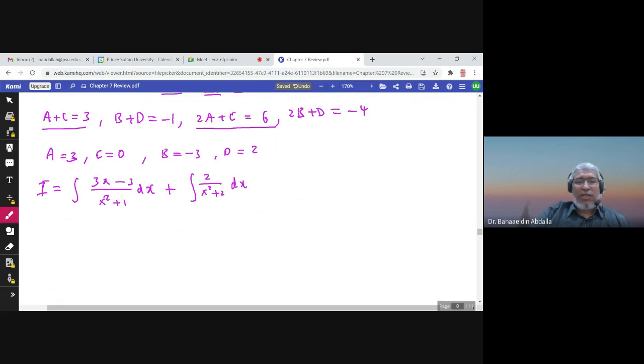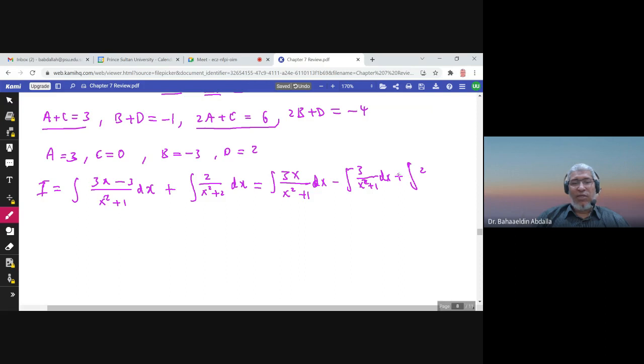So I can write the first integral by distributing: 3x over x squared plus 1 dx minus integral 3 over x squared plus 1 dx plus integral 2 over x squared plus 2.